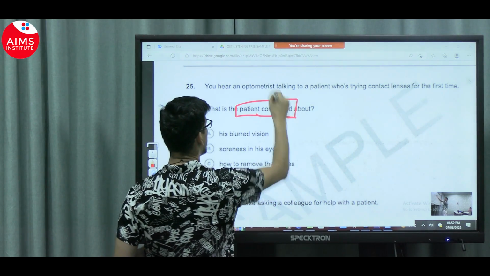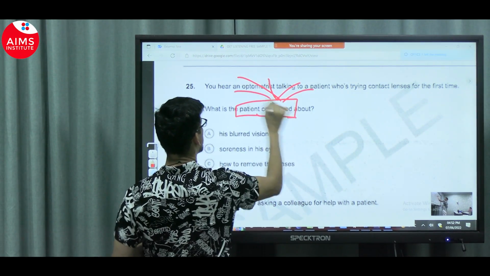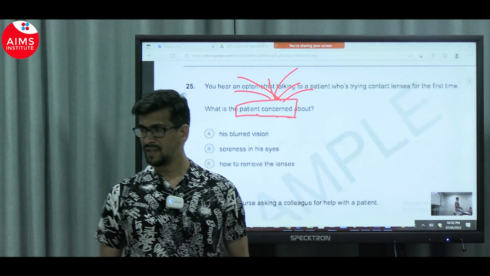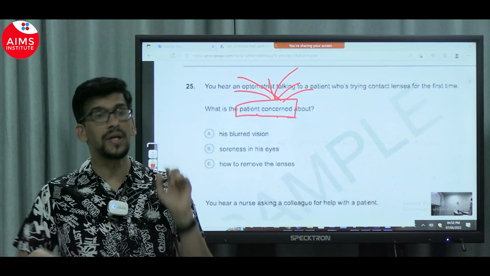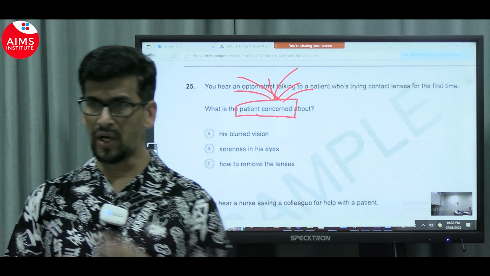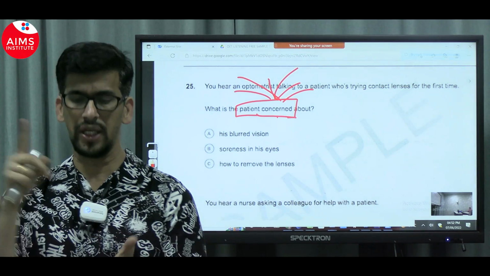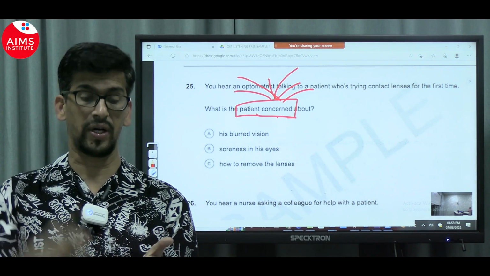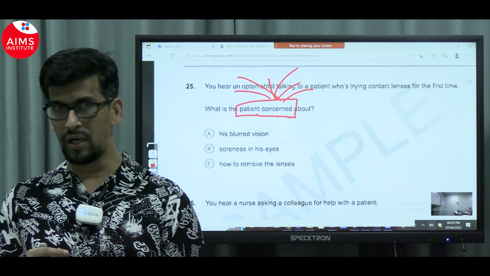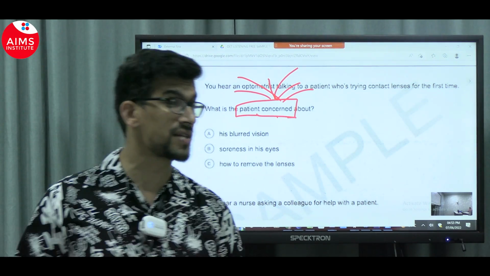So this word concerned can be expressed in 10, 15, 20, 25 different ways. I can have so many types of concerns. I can express my concerns in many ways without using the word concerned: worried, I am concerned, I am worried, I am upset, I am tensed, I don't know. Yes, they can use that style.